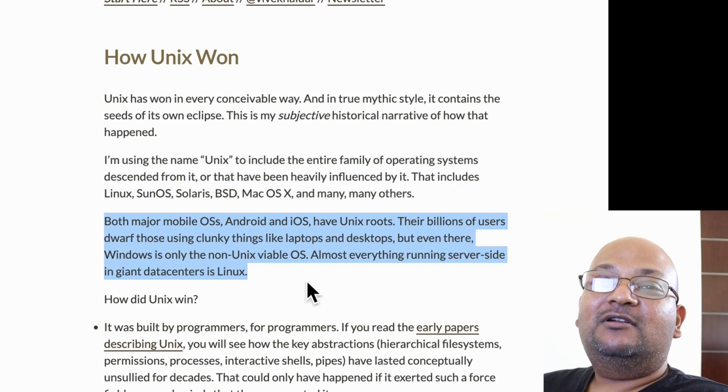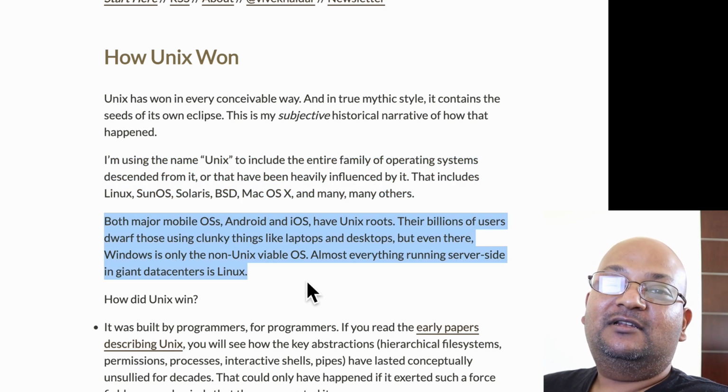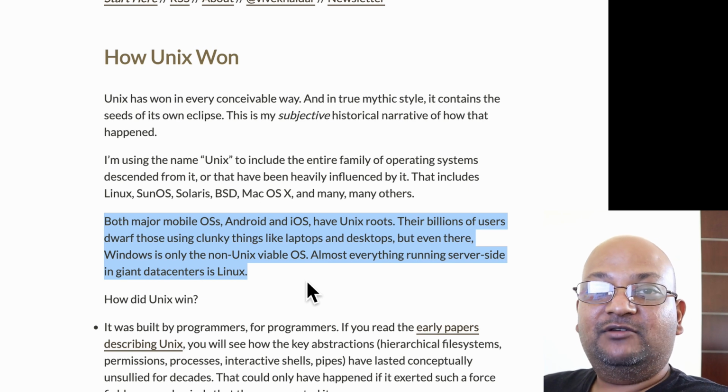Now, just in case you're wondering, how exactly did Unix win? If you look at the numbers, it's pretty clear. In terms of the number of devices shipped, Unix beats everyone else hands down. If you just look at Android alone with its billions of shipments, iOS also ultimately derives from Mac OS, which ultimately derives from Unix.